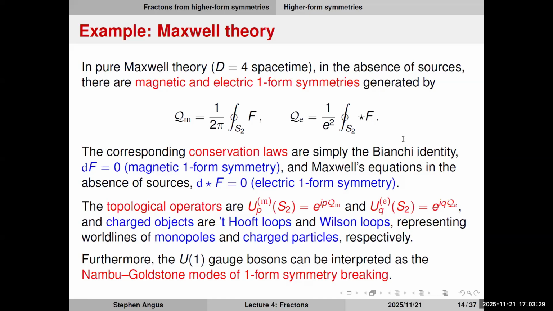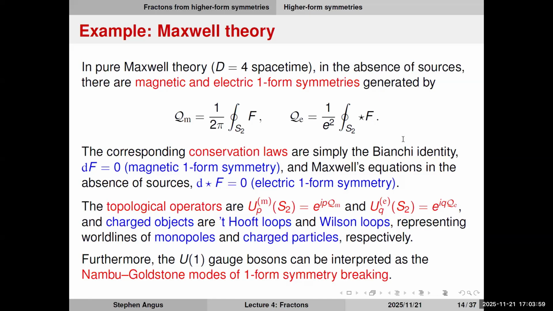Similarly, the electric one is the integral of the dual flux over a two-dimensional closed manifold. For a zero-form symmetry we have a one-form conserved current, but for a one-form symmetry we have a two-form conserved current. So our conserved currents are just the electromagnetic flux and its dual.